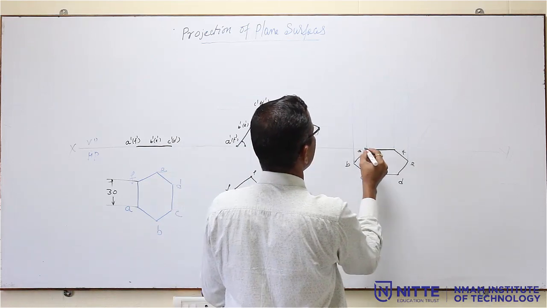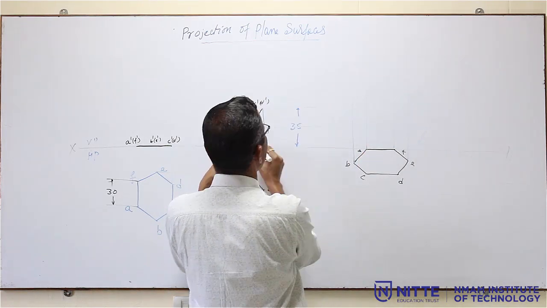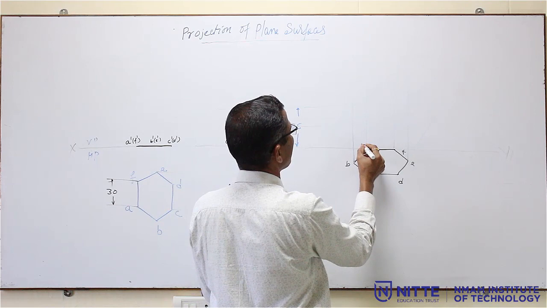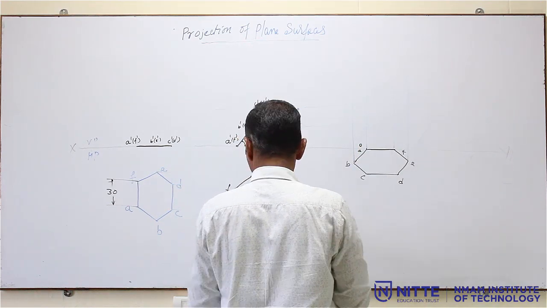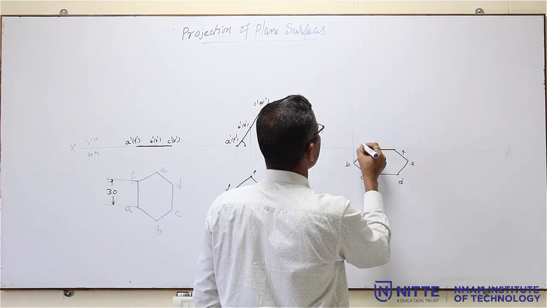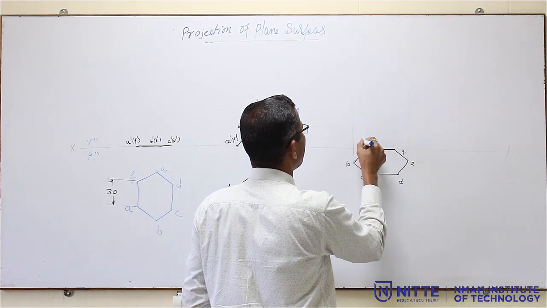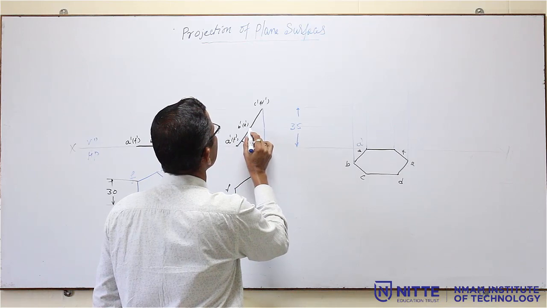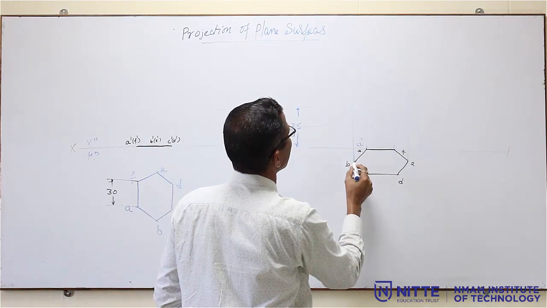Start from A. This is A dash and this is A. So, this becomes A dash. Where is B? B dash is here and B is in this. So, this becomes B dash.